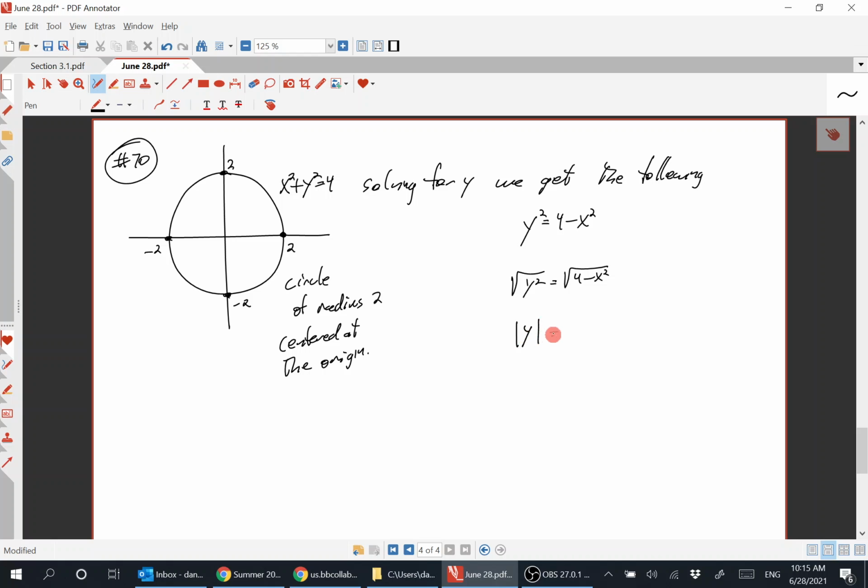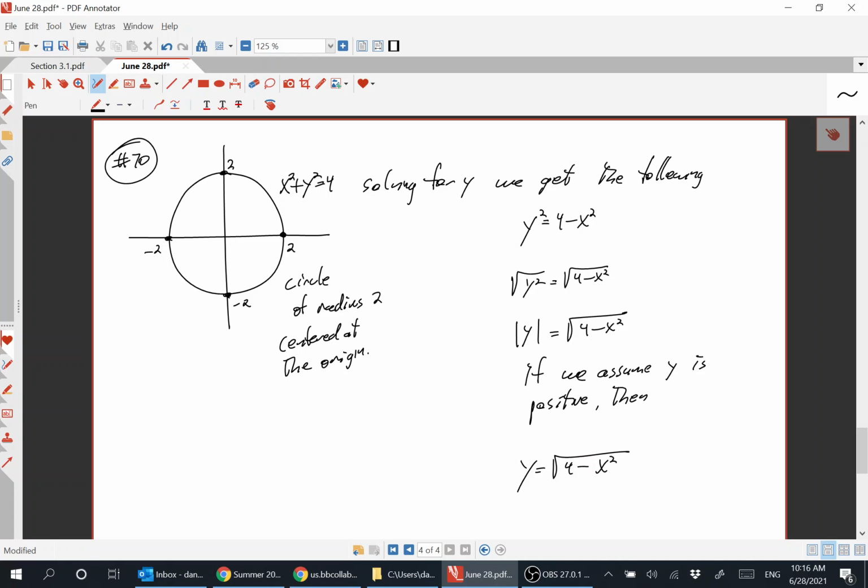So absolute value of y is square root of 4 minus x squared. And let's say that y is positive. Then we get y is equal to square root of 4 minus x squared.